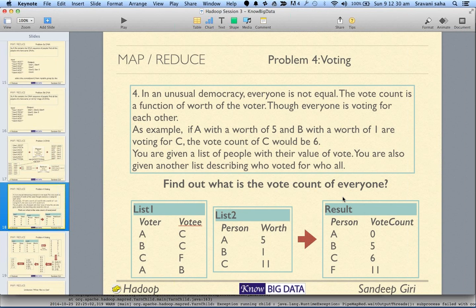Now your objective is to find out the sum of the worths of all the people who voted for a person, and you have to do it for all the persons who have been voted for. How would you do it? In SQL it's quite simple. You just join these two tables and then do the sum, right?